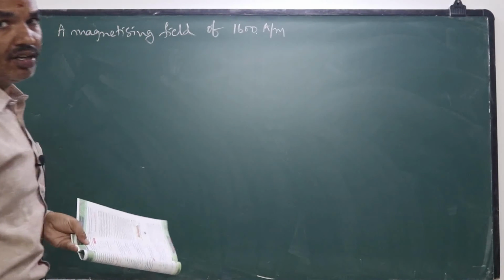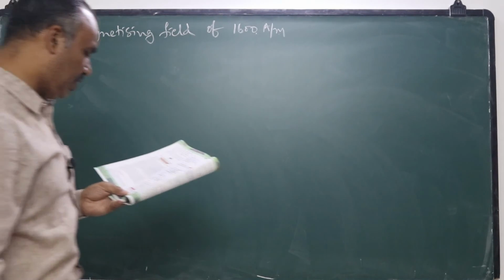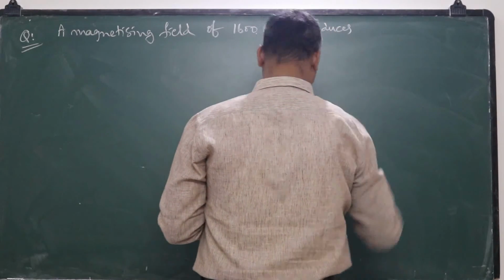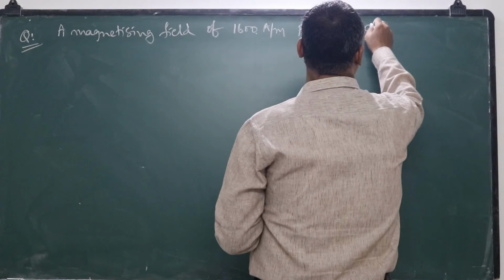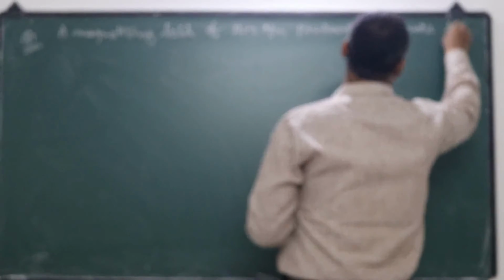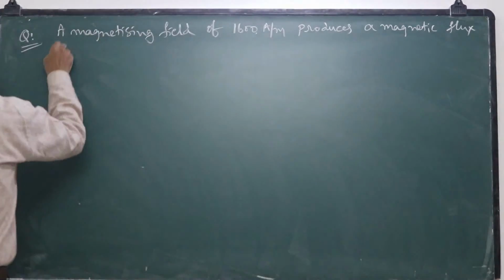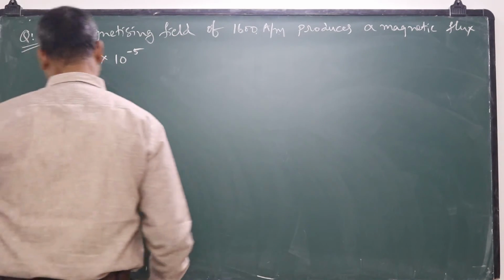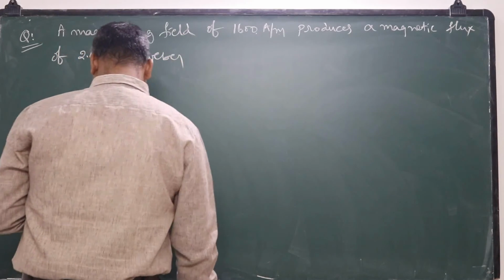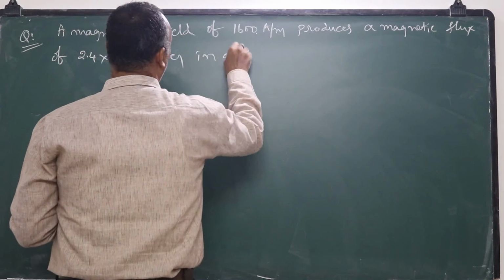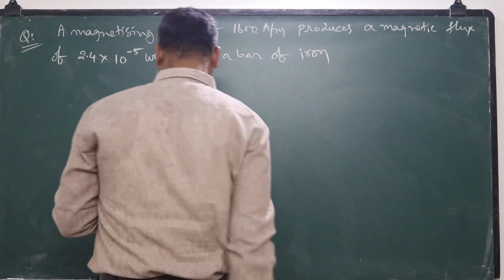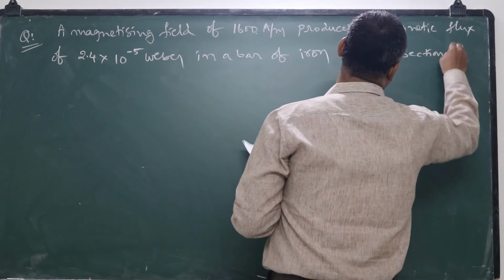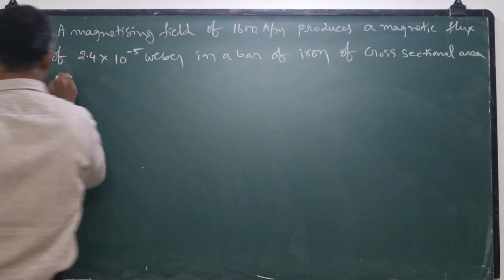Ampere per meter is the unit for H. It produces a magnetic flux of 2.4 into 10 power minus 5 Weber in a bar of iron, of cross-sectional area 0.2 centimeter square.